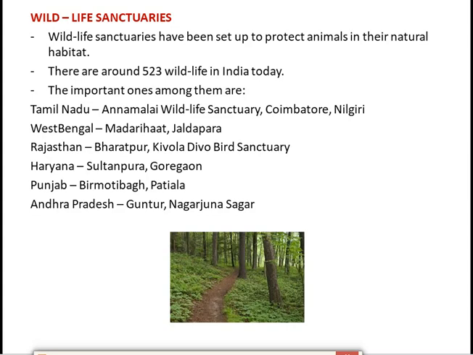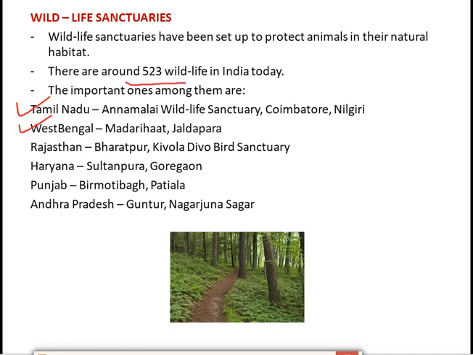There are about 523 wildlife sanctuaries in India today. How many wildlife sanctuaries do we have in India? We have 523. The important ones among them are, the first one is in Tamil Nadu. The name of that wildlife sanctuary is Annamalai Wildlife Sanctuary, Coimbatore, Nilgiri. Then the next is in West Bengal, Madari Hat in Jaldapara.